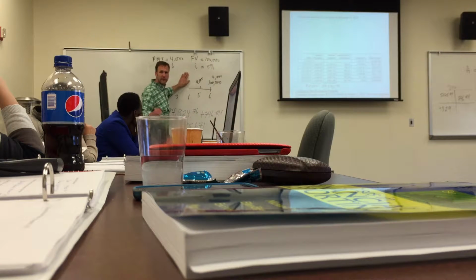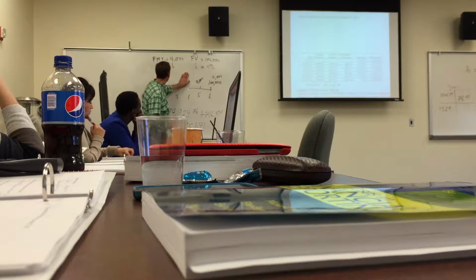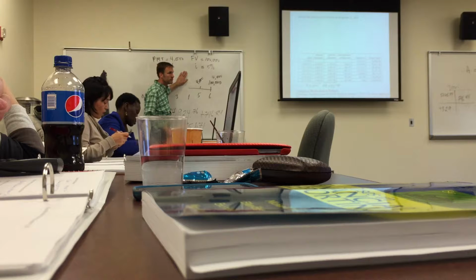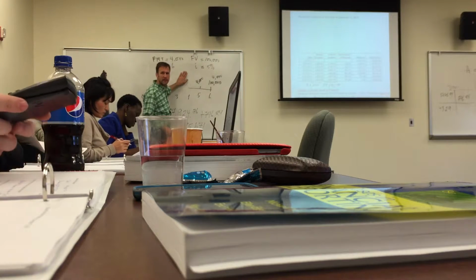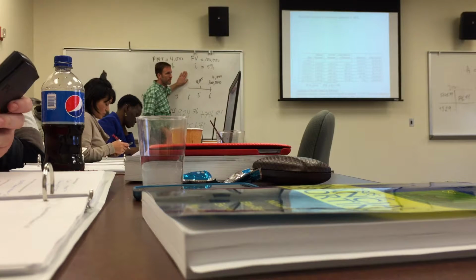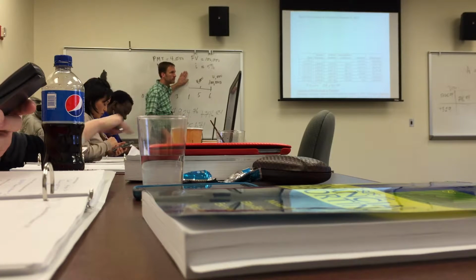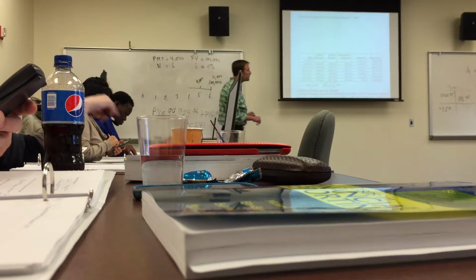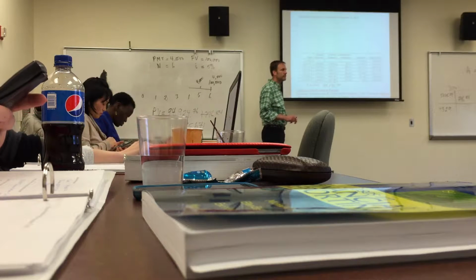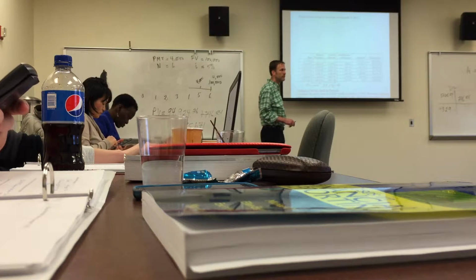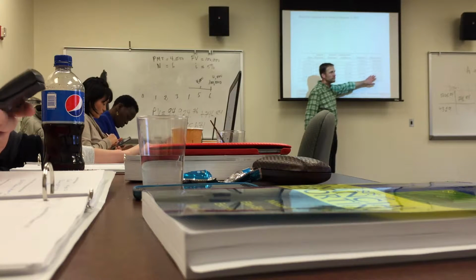So on your calculator, if you didn't clear it out, just type in N equal to 2 instead of 6. Compute the present value and tell me what you get. $98,141.